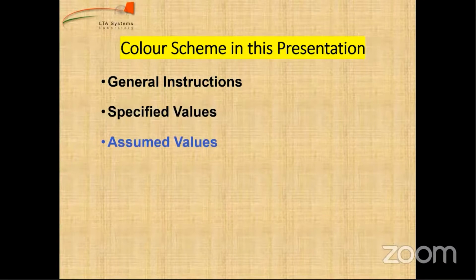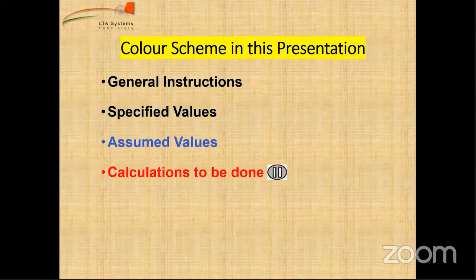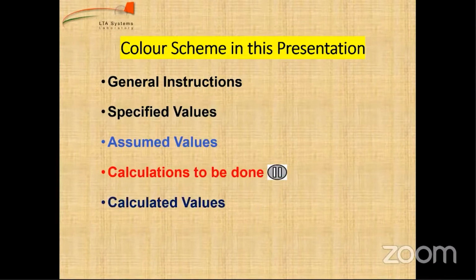The assumed values will be in this bluish color. Then the red color followed by this pause mark will show that some calculation needs to be done by you, where you will do it manually with the calculator and pen. And then this navy blue color will show the final answers. Are you clear with the color scheme, or do you have any doubts about this? Yes, sir, clear, sir.